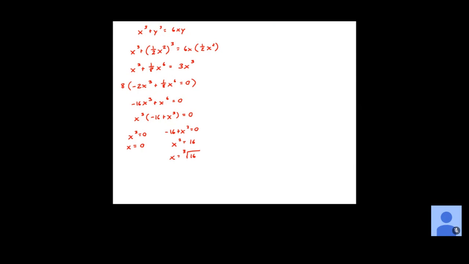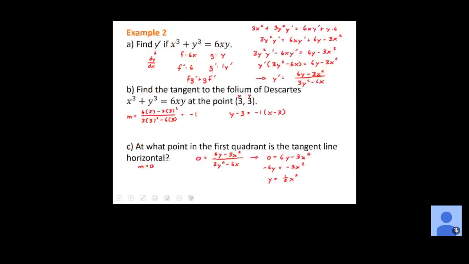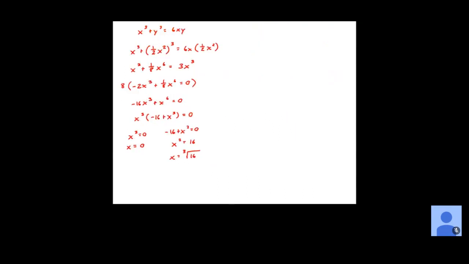Now, let me go back, because in this case, it told us that we wanted this to be in the first quadrant. Well, notice here, x equals 0, that's the y-axis, right? That's not going to be in the first quadrant because we need a positive x value. So we can ignore this one here because it's not where we want it. So the only x value we really care about is this x equals cube root of 16.